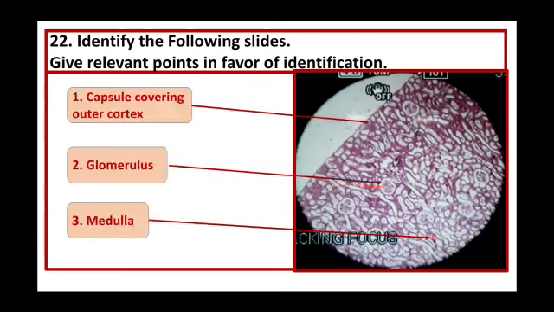So in this slide, you can see the capsule covering the outer cortical part. A glomerulus has been focused, and also the medulla has been focused.